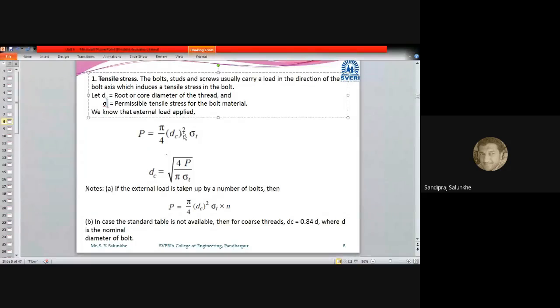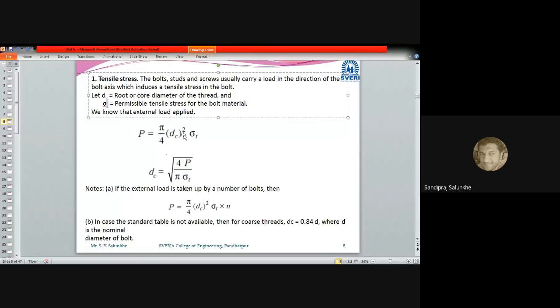And if you want to calculate the core diameter, just solve the same equation, that is stress is equal to force divided by area, for the diameter. So dc will be under root 4P divided by pi into sigma t. This is a simple equation by means of which we can calculate the core diameter of any bolt.